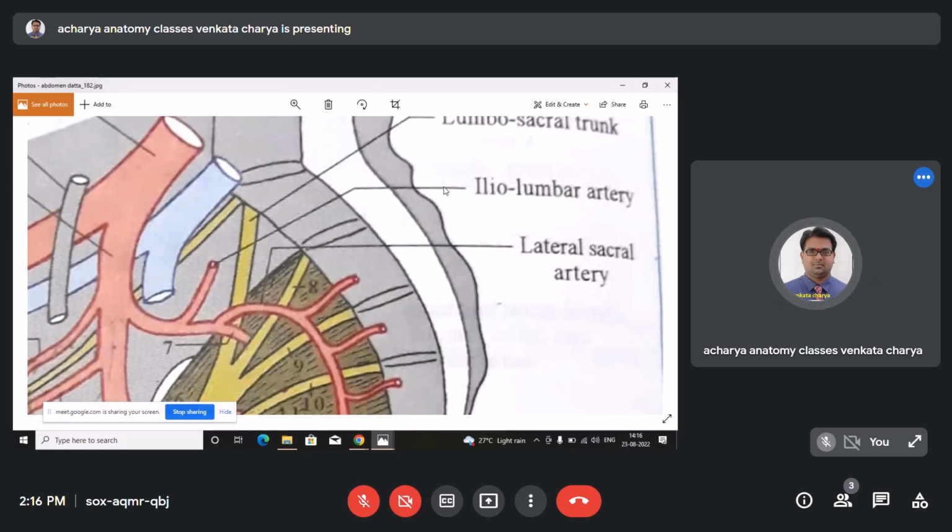Next branch, number 2, lateral sacral artery, which supplies the lateral part of the sacrum.